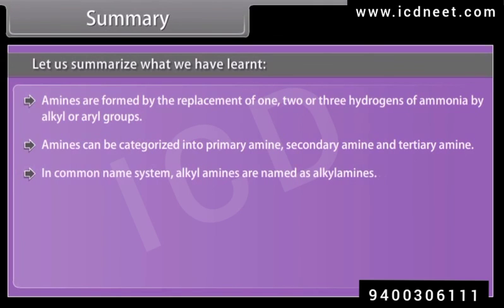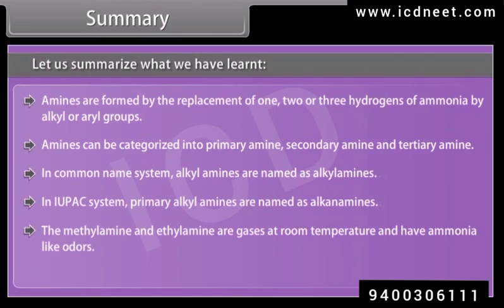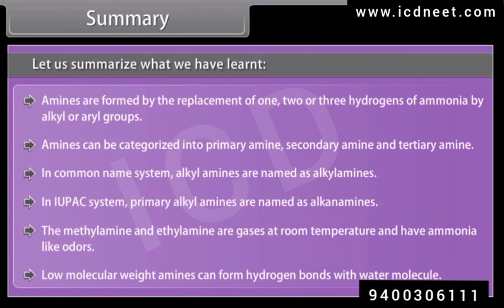In the common name system, alkyl amines are named as alkylamines. In the IUPAC system, primary alkyl amines are named as alkanamines. Methylamine and ethylamine are gases at room temperature and have ammonia-like odors. Low molecular weight amines can form hydrogen bonds with water molecules.